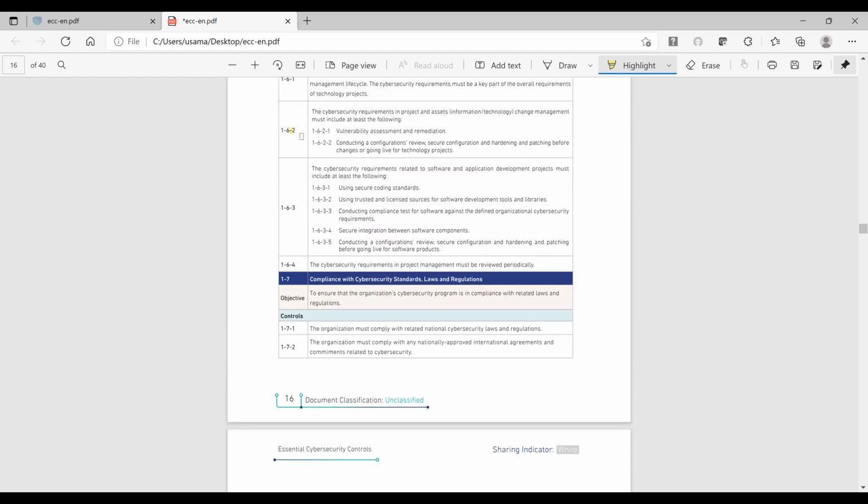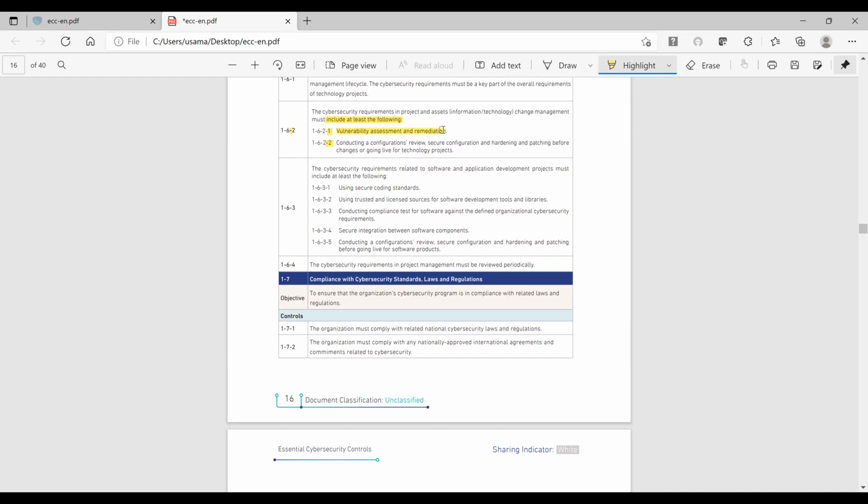second control is that the cybersecurity requirements in project and asset change management must include at least the following. What are the things that must be included in these projects? Two sub-controls. What are these sub-controls?